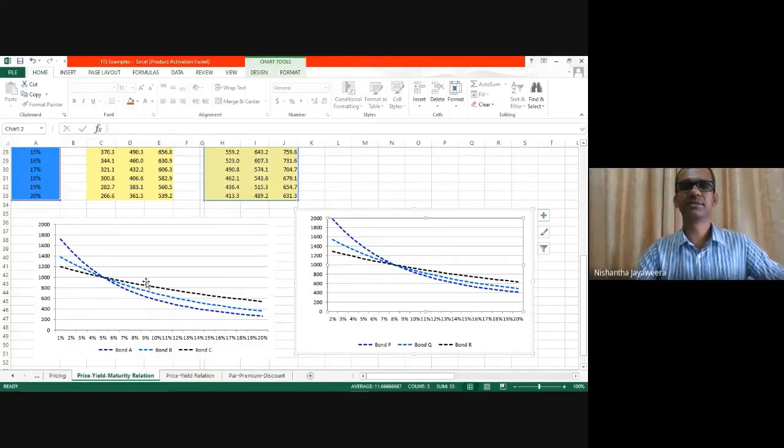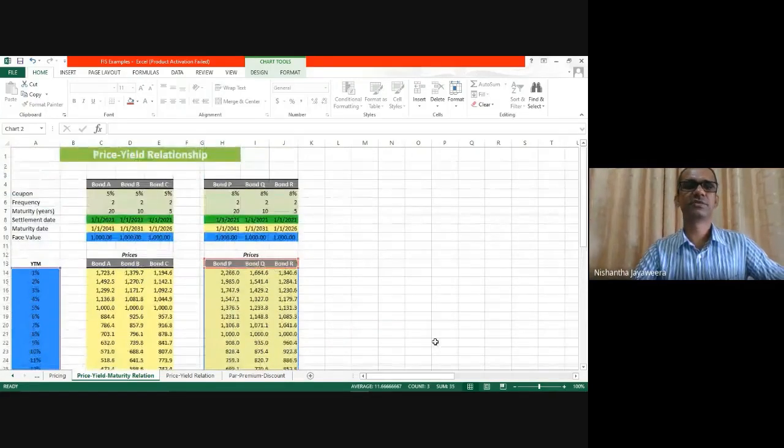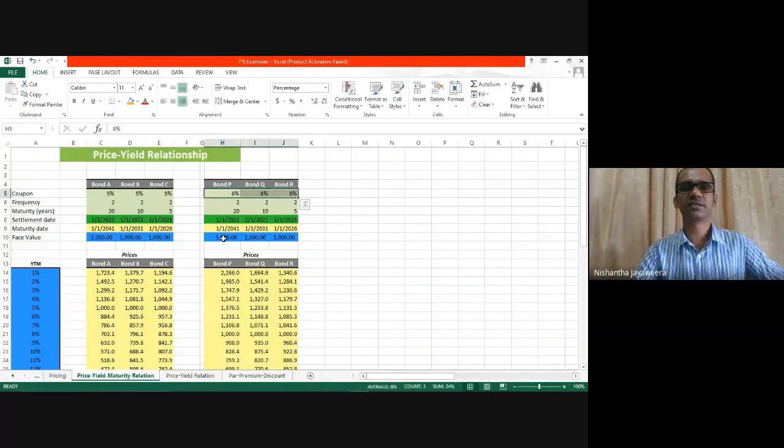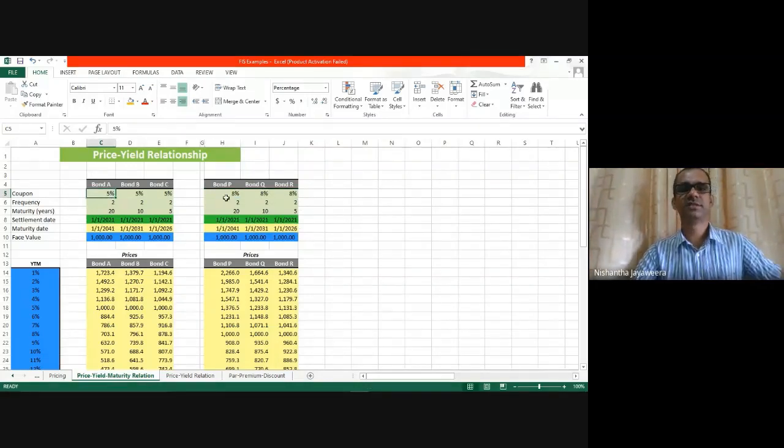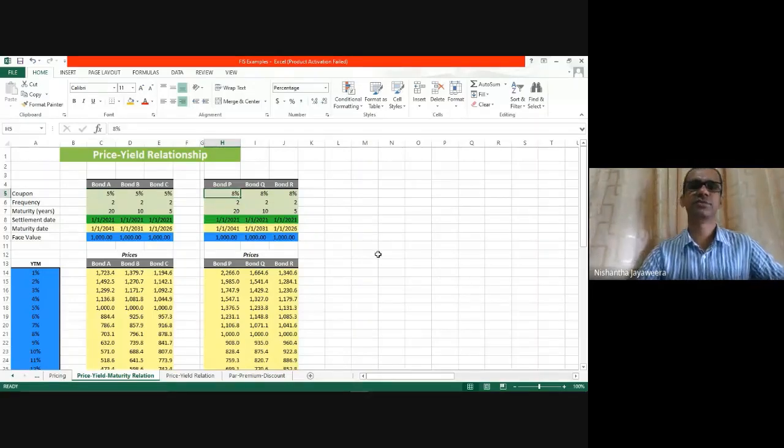What is this? Another three bonds, except the coupon, all others are same. 20, 10, 5 maturities, same settlement date, same maturity date, same face value. What I did, instead of 5%, the coupon increases to 8%.